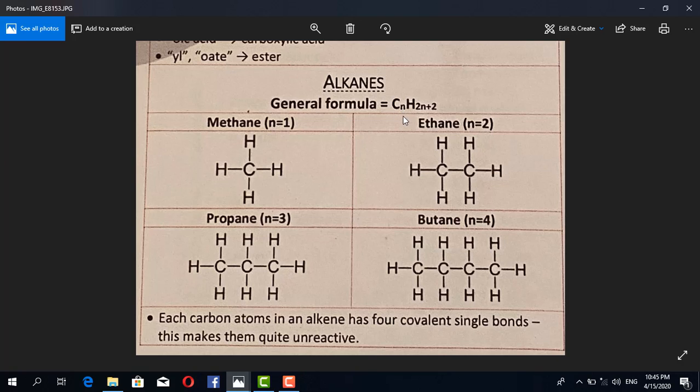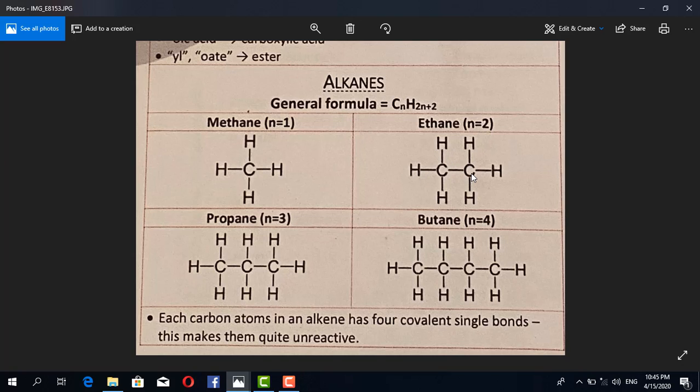So it will be C2H(2 multiplied by 2 plus 2), so C2H6. Here, ethane. We've got 2 carbons, and each bonds with 3 hydrogens and a single bond with the other carbon.